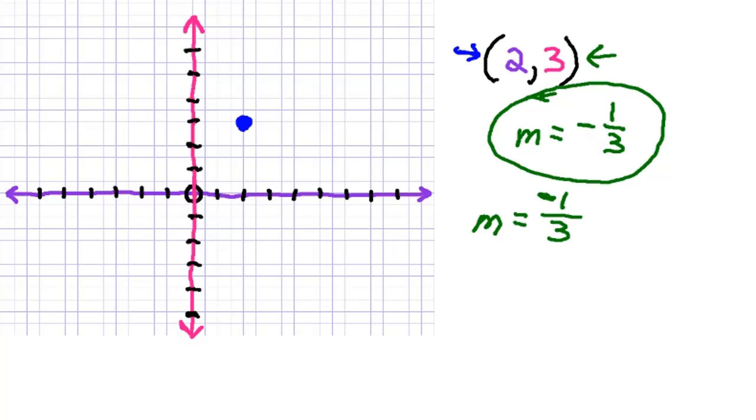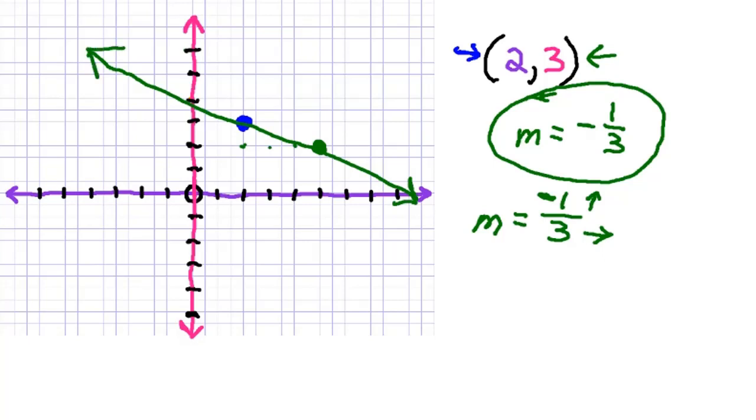So from our point, from that blue dot, we're going to go down 1, because remember, the top number is your rise, and the bottom number is your run. So if that rise is a negative number, then it's going to go down. So we're going to go down 1, and then we're going to go over 3, just like normal. And we can draw a line through that. And there's our line.